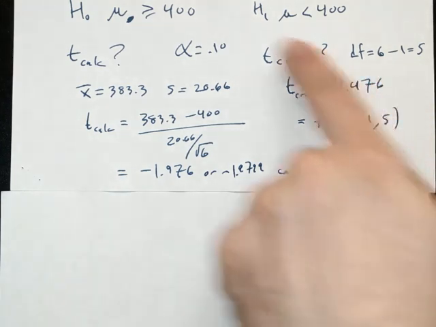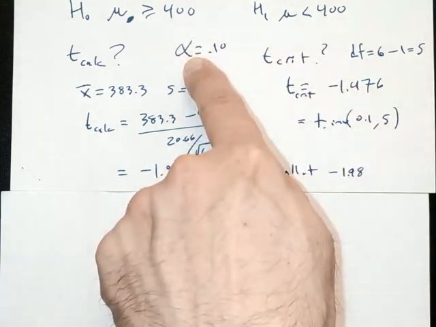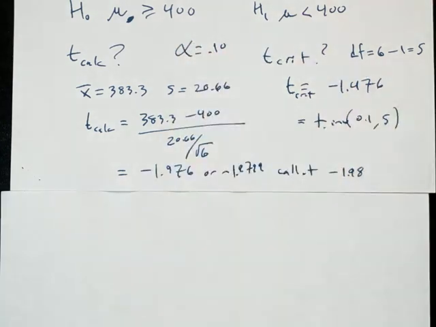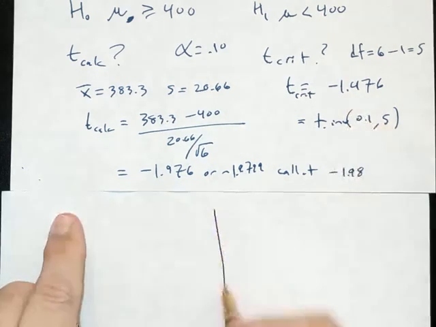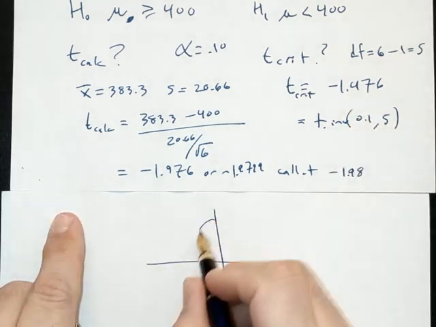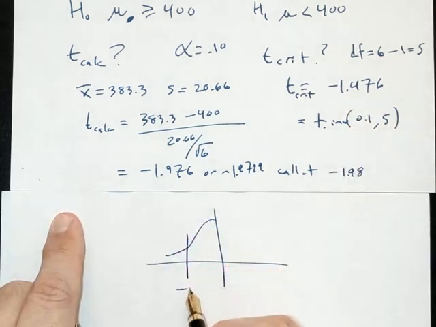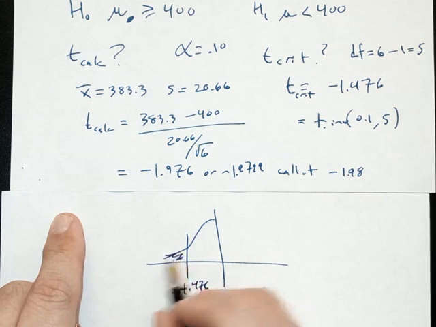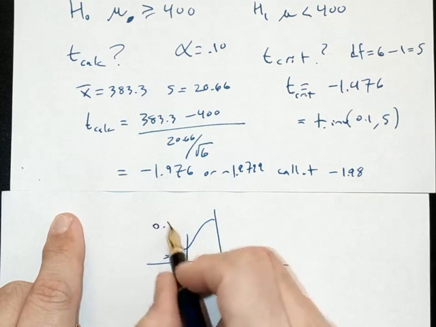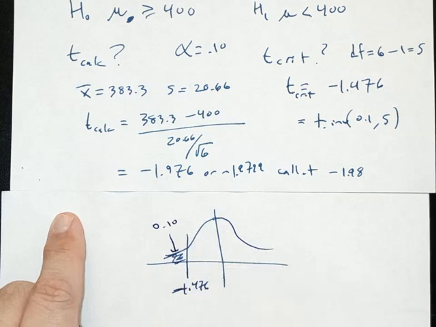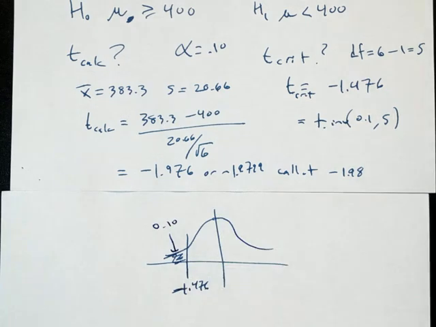That's the one that tells me 10% of the area is below that number. So this number right here, negative 1.476, tells me that this area is 0.10.